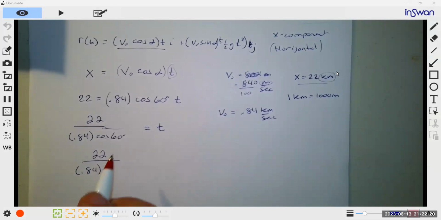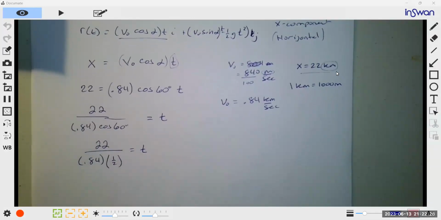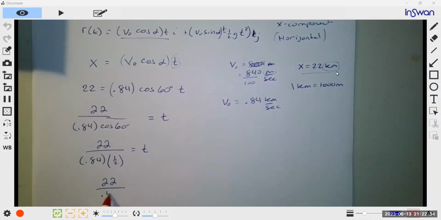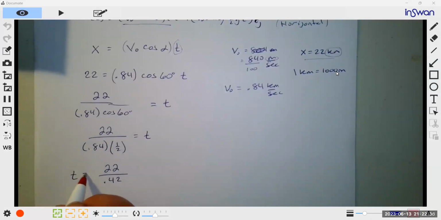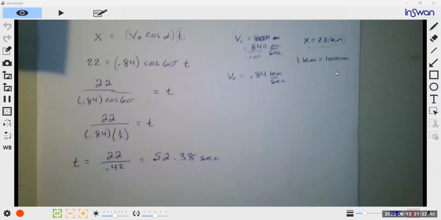Cosine of 60 is 1/2, so half of 0.84 is 0.42. So that equals approximately 52.38 seconds.